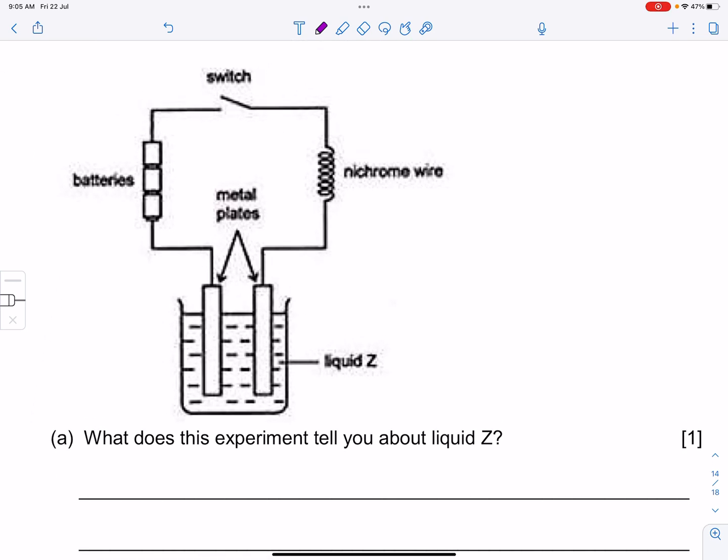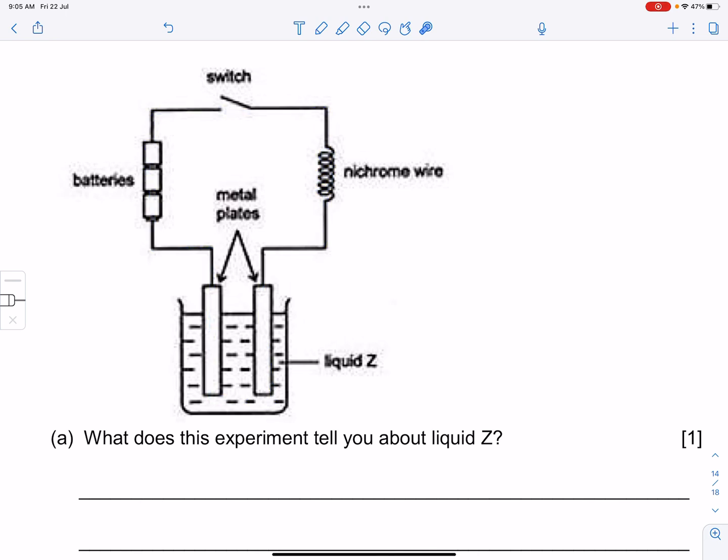What does this experiment tell you about liquid Z? Whenever you do this kind of question, trace the flow of the electric current. So from positive, it needs to go past these two, go through the nichrome wire to the switch and then back to the battery.